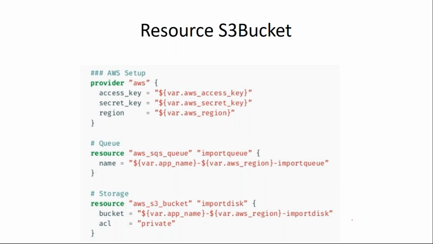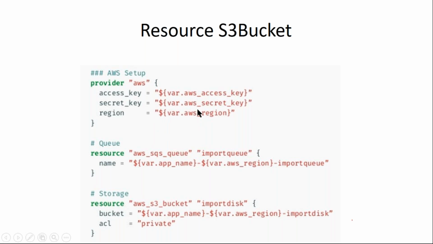Now let's look in detail at one simple example. Here is a queue resource, and here is another resource that is about storage. If you want to send some data to this storage, you are going to use a queue. SQS is a queue in AWS. To use that queue, you need access again, so you use the access key, secret key, and the region.